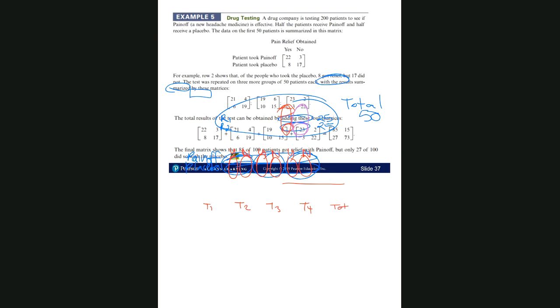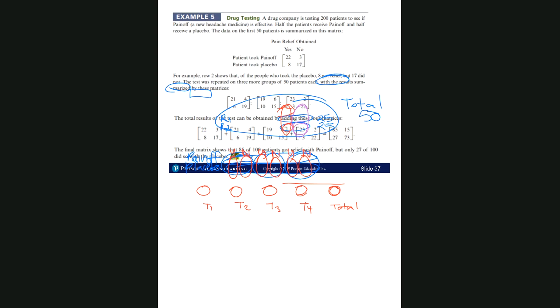Matrix addition is defined as adding the elements that have the same location in the matrix, such as the ones that I'm circling, they're all located in the first row, first column. So if you add all of those, you obtain 85.